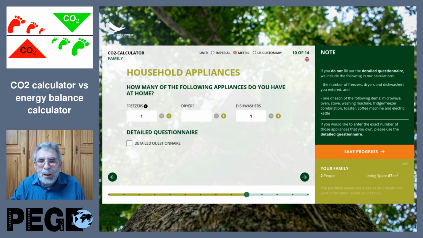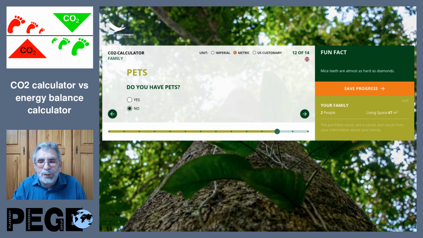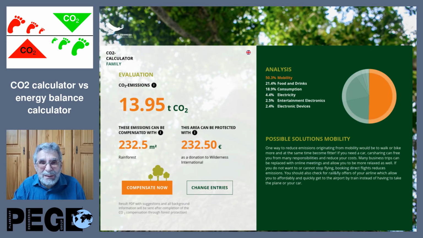Next is household appliances. A freezer and a dishwasher. That's enough. And entertainment electronics. 2 smartphones, 2 laptops, and 1 laser printer. That's enough. Pets, no.